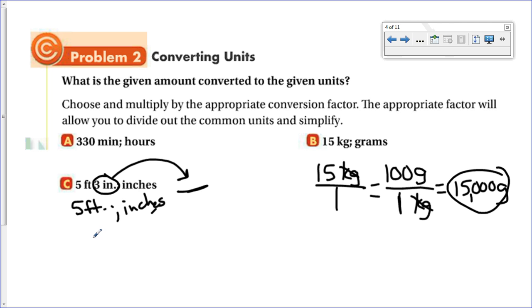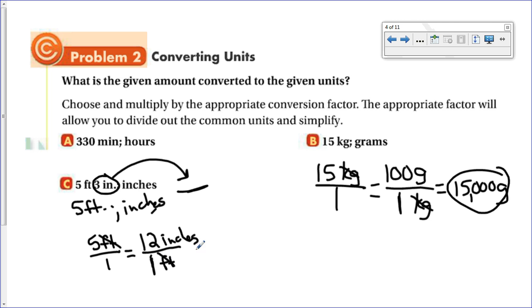So we have 5 feet, so we're going to write 5 feet over 1 equals, remember we want to put feet across and inches up top. Which one's bigger, feet or inches? A foot is bigger, so the foot gets the 1. How many inches equal 1 foot? That's 12. Now these are both 1s.